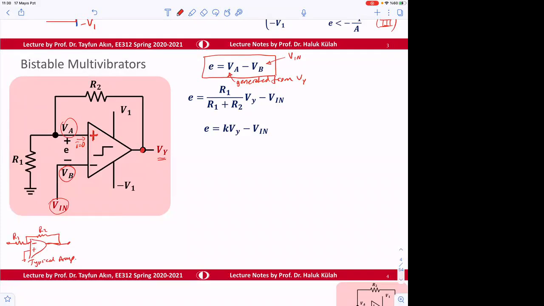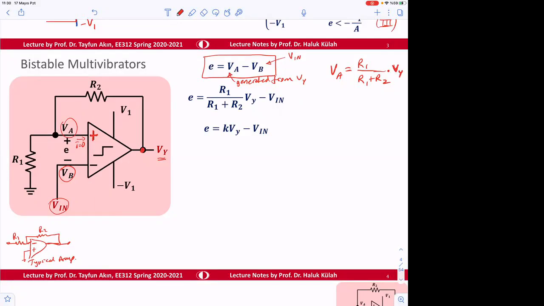Therefore, VA is equal to R1 divided by R1 plus R2 times whatever the VY value is.